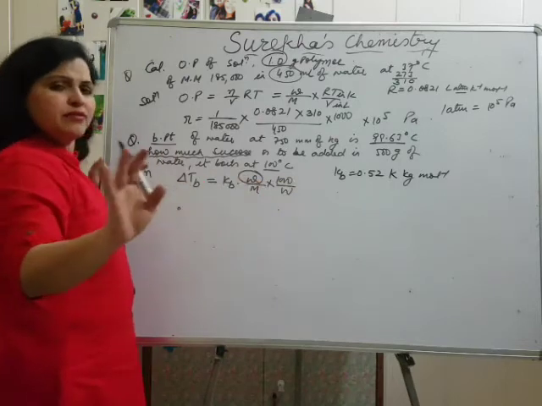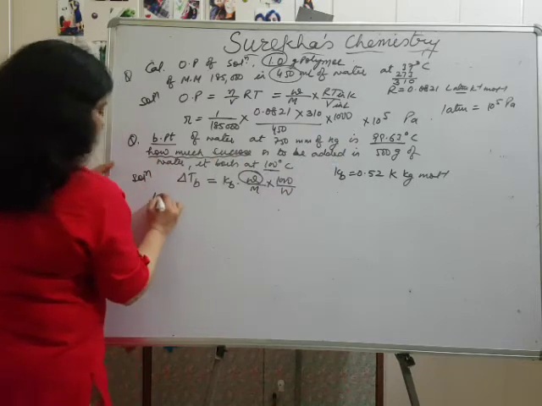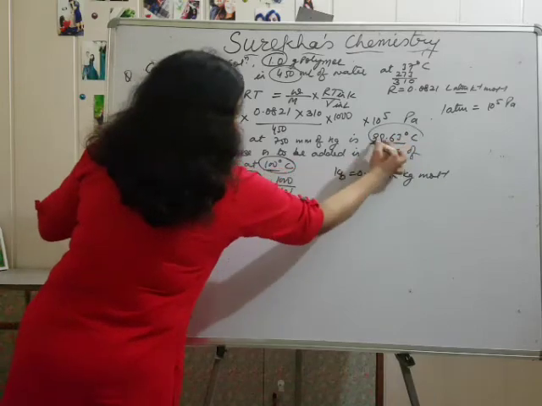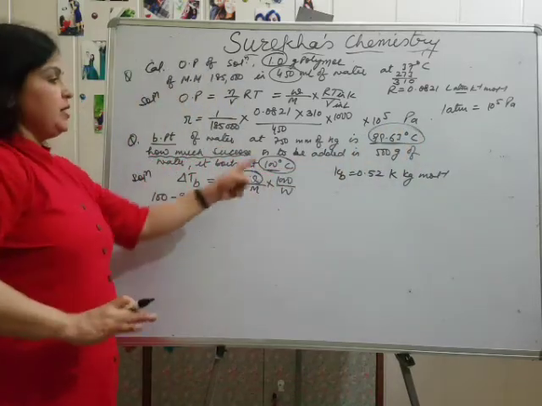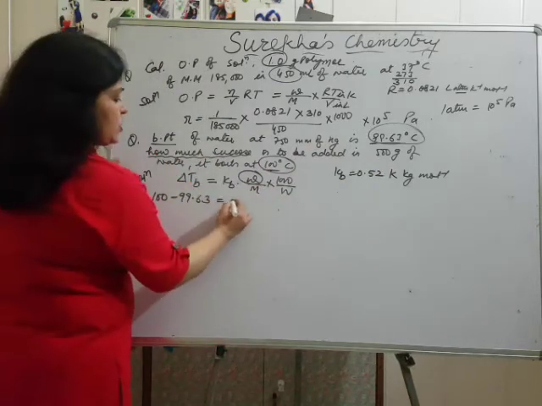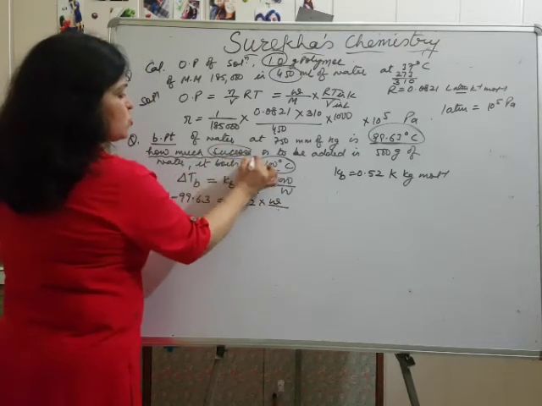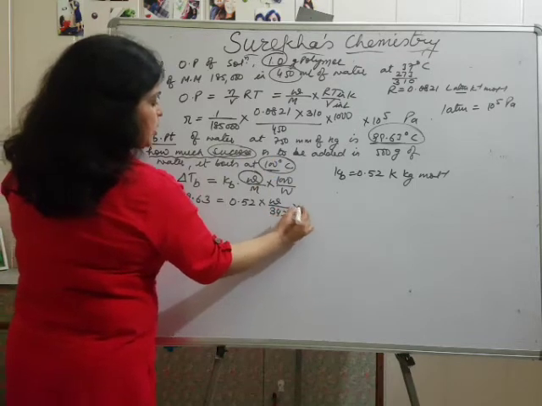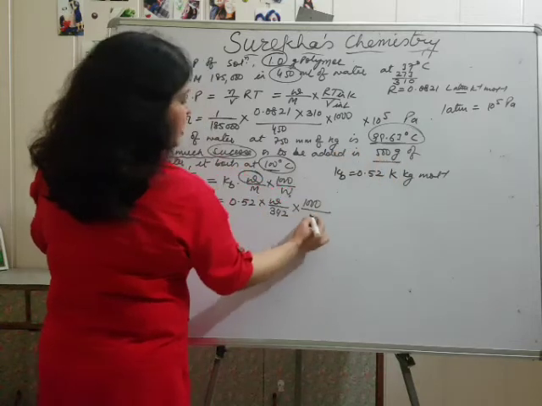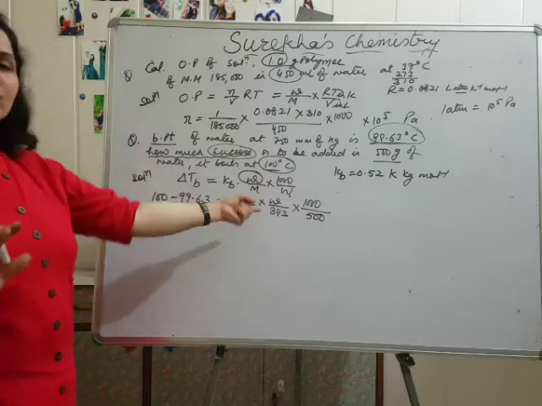So Kb will be given, delta Tb is 100 minus 99.63. दोनों डिग्री सी में है तो हम माइनस कर सकते हैं, पर डेल्टा T तो सेम ही आना है, इक्वल टू 0.52. W is to be calculated. मोलर मास ऑफ सुक्रोज जो होता है दैट इज 342 into 1000 upon capital W is 500 ग्राम, क्योंकि दिस इज द weight of solvent in grams. So this is how you can calculate W.